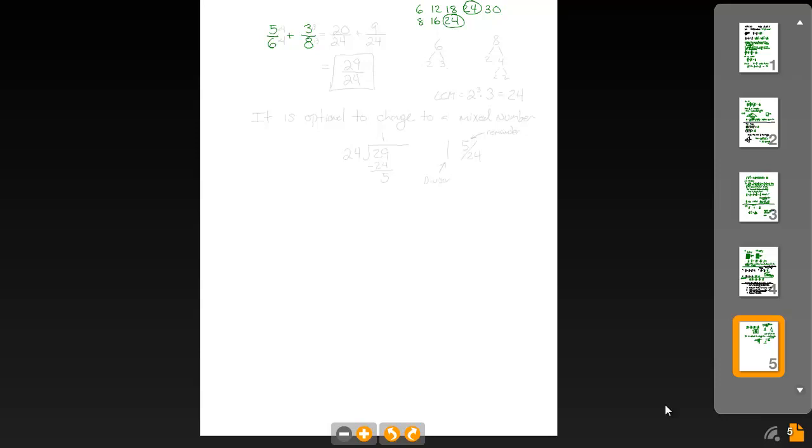Another way to find least common denominator is to make a factor tree. And it's always the highest exponent on each. So there's 3 2s and a 3. 2, 4, 8, 24.